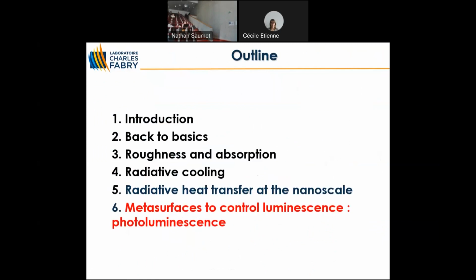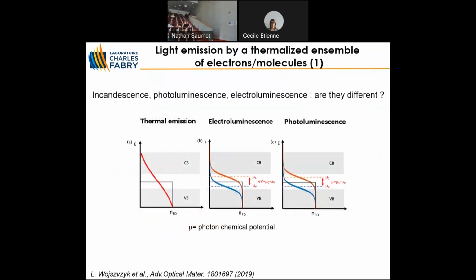Okay, with that, I came to the end of what I wanted to show you regarding thermal luminescence. I'll take 2 more minutes to briefly give some ideas regarding what I said, photoluminescence. The first thing I want to show is this very basic figure where we have valence band and conduction band for a semiconductor.